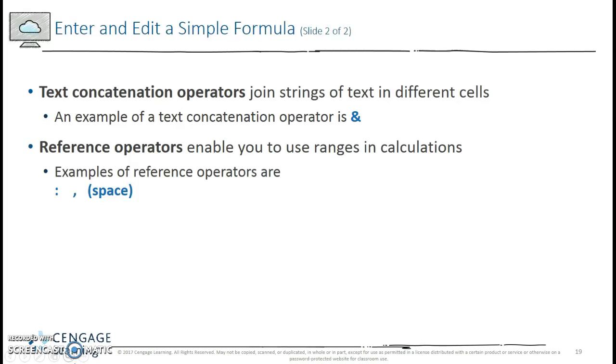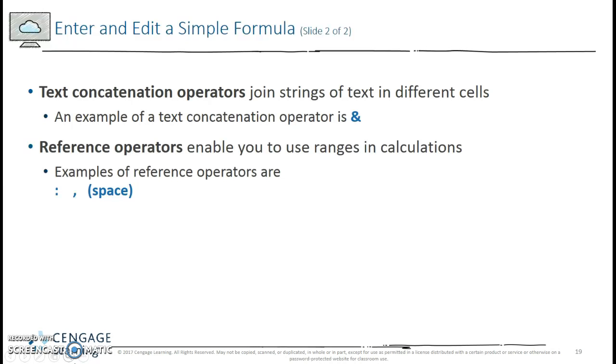So text concatenation operators join strings of text in different cells. An example of a text concatenation would be the ampersand: this and that. So what it's doing is joining text. A reference operator enables you to use a range in calculations.